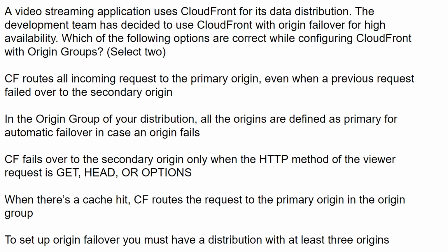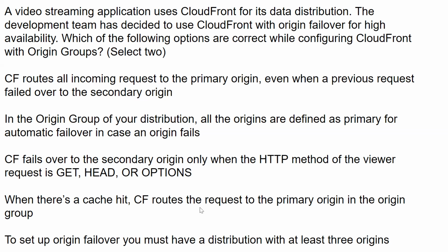CloudFront routes all incoming requests to the primary origin, even when a previous request failed over to the second origin. In the origin group of your distribution, all the origins are defined as primary for automatic failover in case an origin fails.